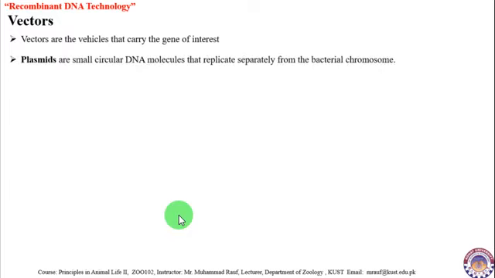The choice of the vector and the choice of the organism in which the recombinant DNA is to be introduced depends upon your objectives, what type of gene of interest you are going to incorporate into the vector, whether that gene of interest is a complicated eukaryotic gene which cannot be expressed in bacteria. So the choice of the expression system and the vector depends upon your gene of interest.